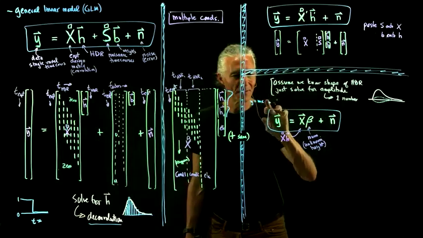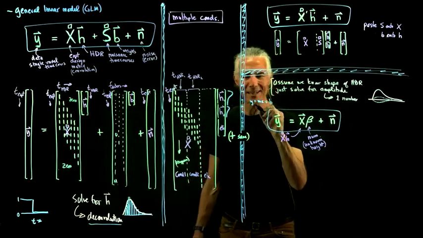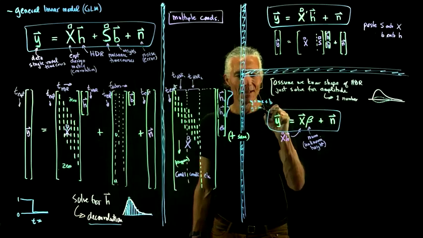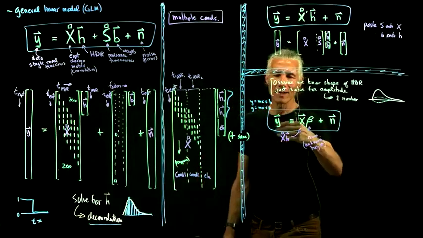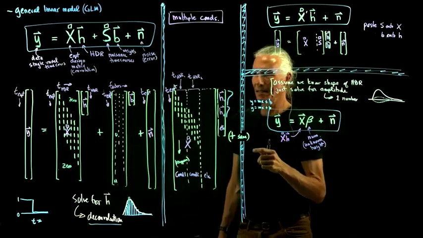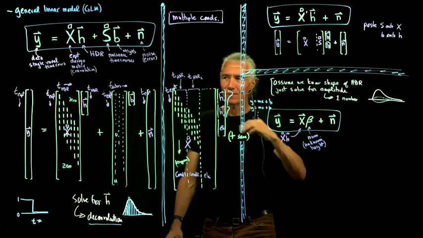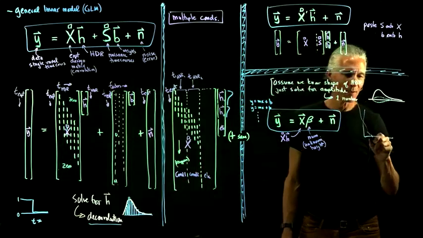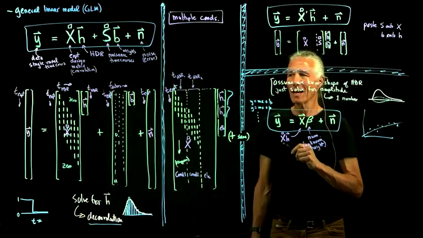It's not one linear equation, it's actually a whole set of linear equations, one for each time point. So this is a whole set of simultaneous linear equations. You've got some data, and you're just trying to fit a line to it.